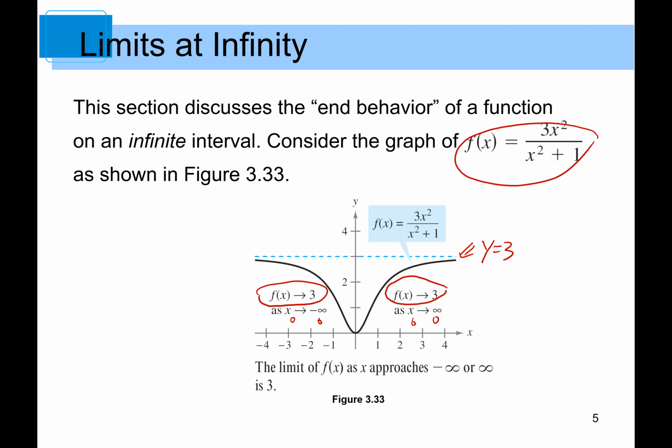So when x approaches negative infinity and then positive infinity, the y value approaches 3, meaning f of x approaches 3. In this particular case, we call this a horizontal asymptote. So this dashed line, y equals 3, is the horizontal asymptote.